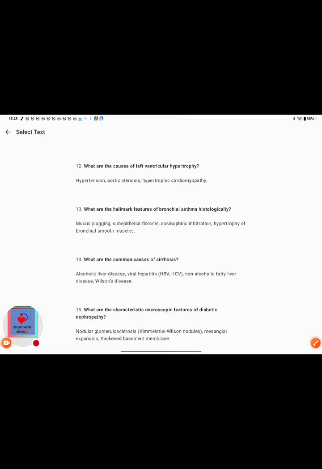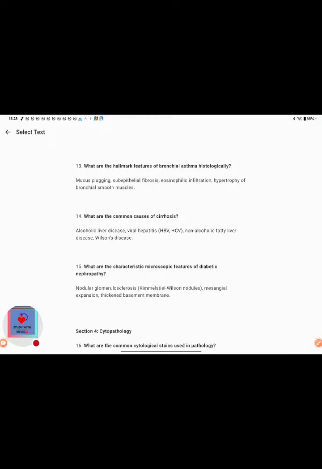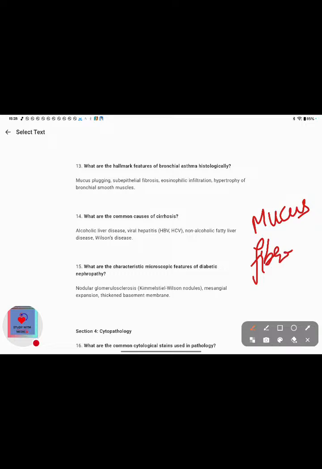What are the hallmark features of bronchial asthma histologically? You will see mucus plugging, a lot of mucus, subepithelial fibrosis, eosinophilic infiltration, and hypertrophy of bronchial smooth muscles.